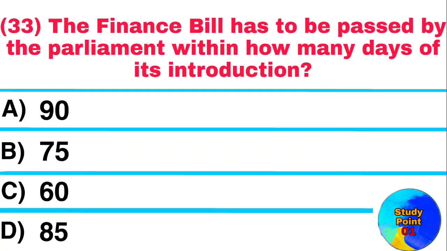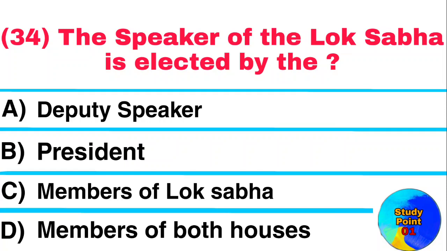Question. The Finance Bill has to be passed by the Parliament within how many days of its introduction? A. 90. B. 75. C. 60. D. 85. Answer. 75. Question. The Speaker of the Lok Sabha is elected by A. Deputy Speaker. B. President. C. Members of Lok Sabha.